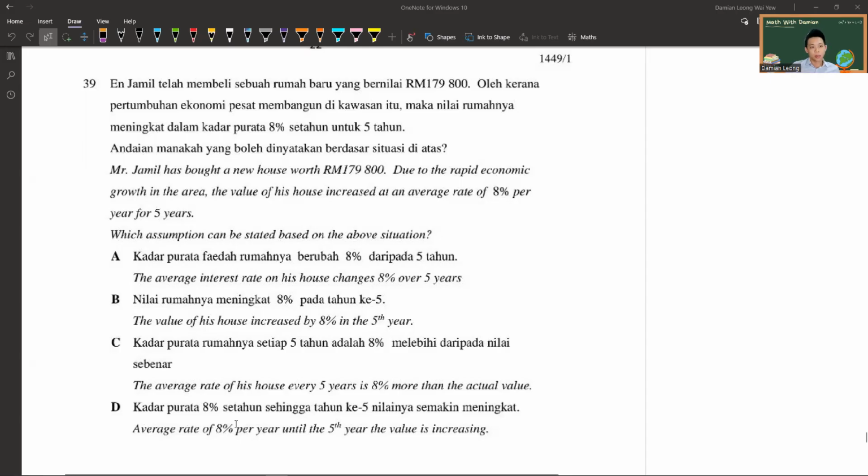So average rate 8% per year until the 5th year, value is increasing. That makes the most sense. So yeah, answer would be D. Okay.